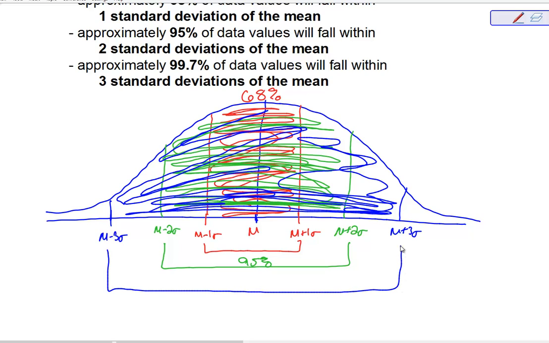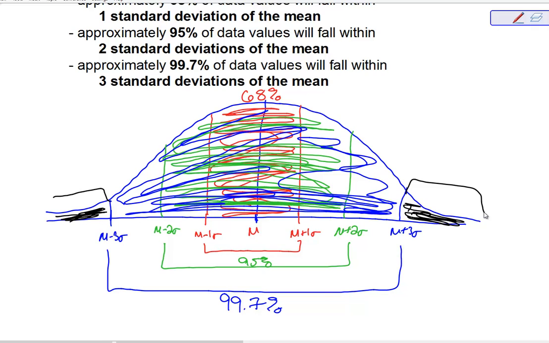So everything here, that's 99.7% of my data. So that leaves these little black tails, that is less than 0.3% of my data. Very little data falls here, according to the empirical rule.